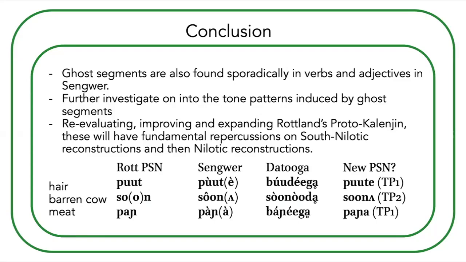And you can also see that there are corresponding tone patterns between them. If the noun in Sengwer is low, in Datoga it is fully high. If the noun in Sengwer has a falling tone, in Datoga it will be low. So I've put here tone pattern 1, tone pattern 2. So this is something that I might focus on later on.